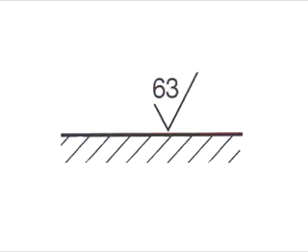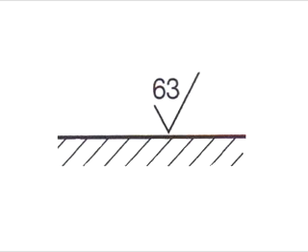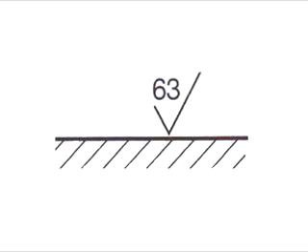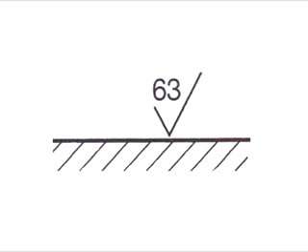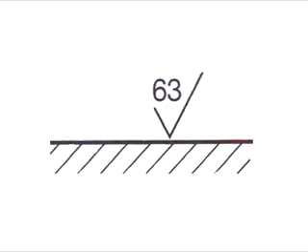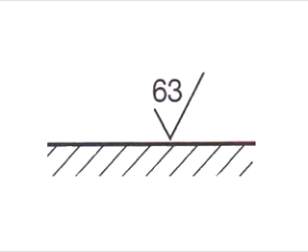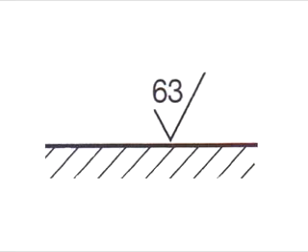However, if a number appears above the symbol, that's an indication of maximum roughness. And in this case, the 63 indicates that this surface cannot be rougher than 63 microinches. And in machine shop lingo, 63 microinches is described as being a good machine finish.